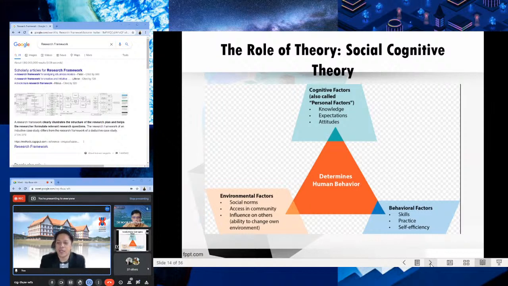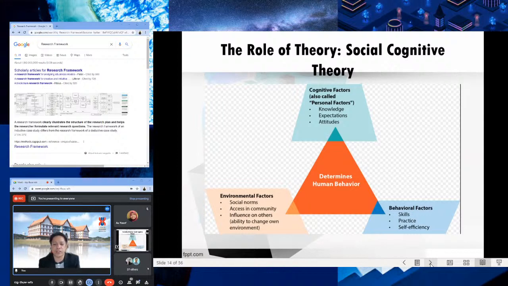For more detail about social cognitive theory, it is about determining human behavior. The cognitive factor is also the personal factor, as I said; cognitive personal involves the human, the insight of the personal factor: knowledge, expectation, and attitude.